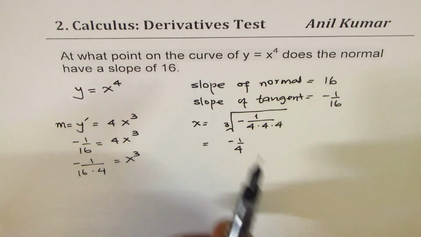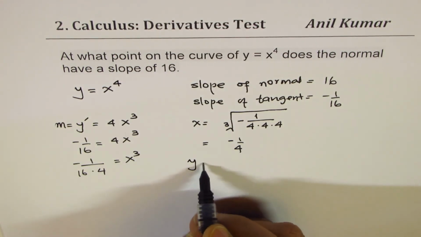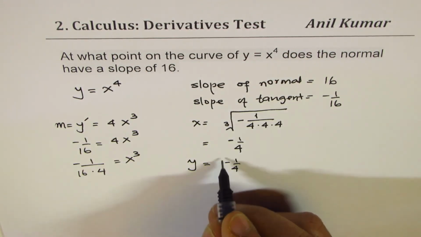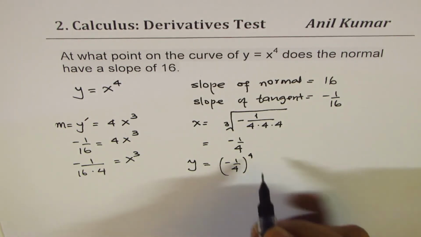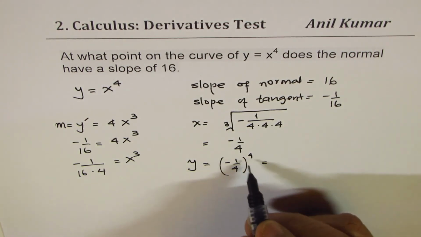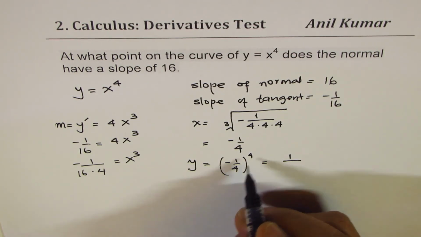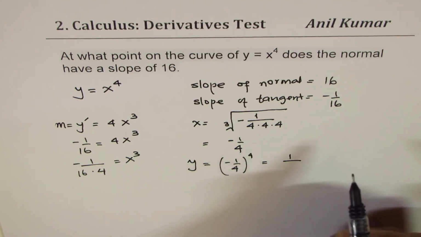At what point, we need to find the y value also, right? So x is this. Y will be x to the power of 4, which is minus 1 over 4 to the power of 4, correct? Which is definitely a positive value. So a positive value, 1 over 4 to the power of 4, or 2 to the power of 8, whatever.